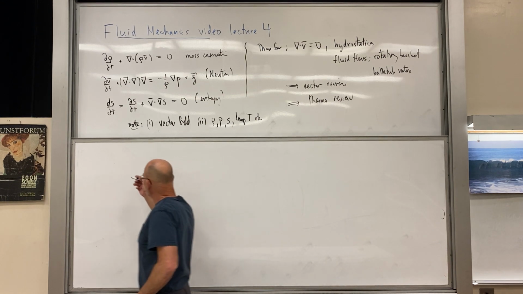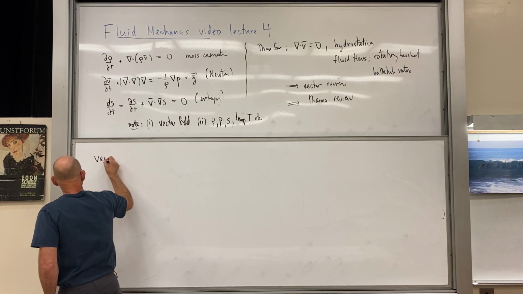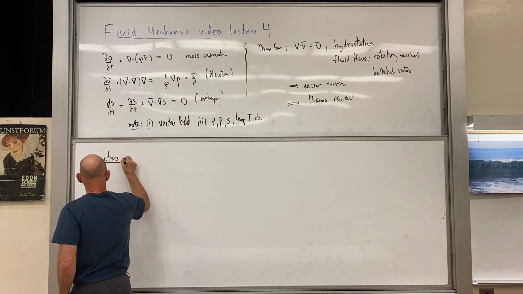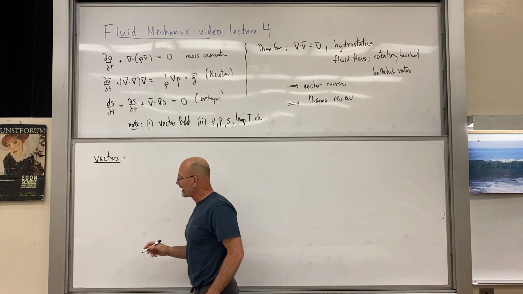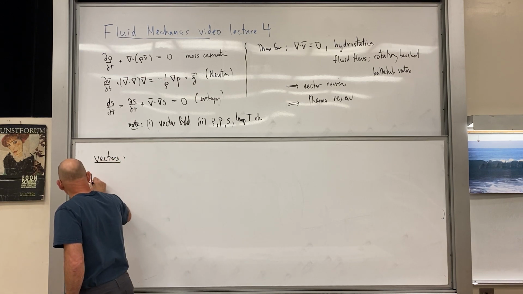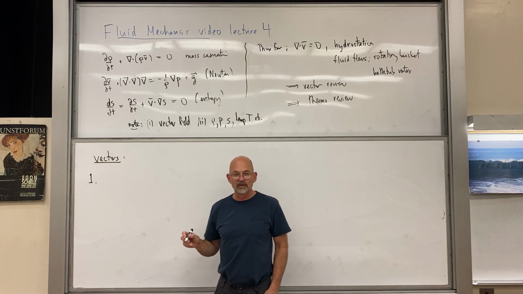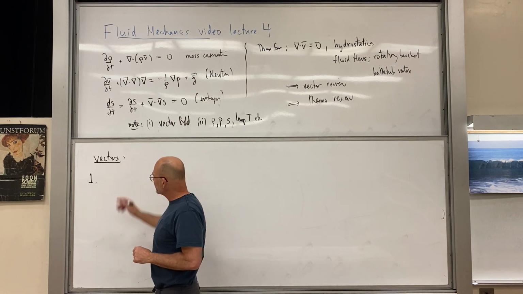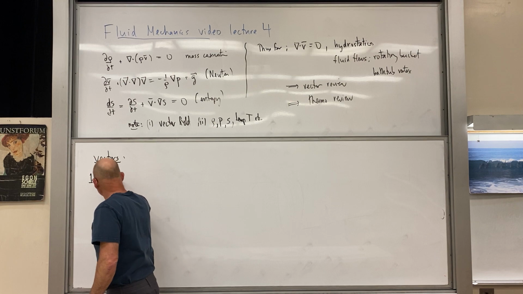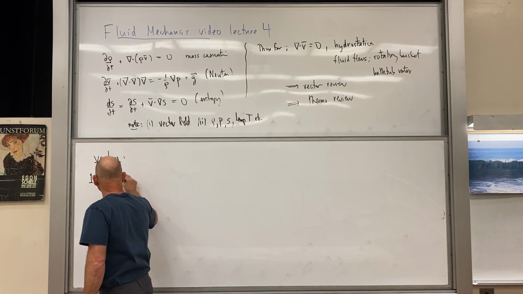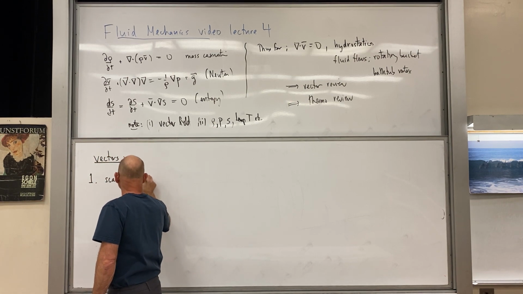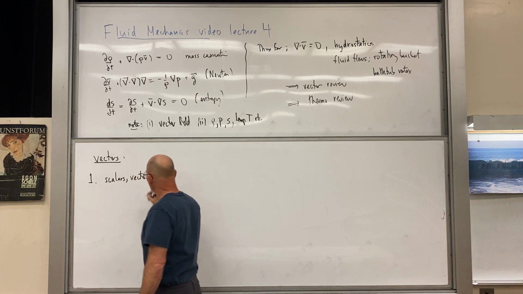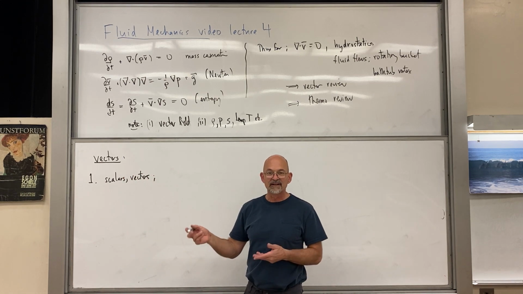So first of all, with vectors, if we were going to take it from the top, I'm going to number these things. That way, you can leave as much room in between these as you want. You can fill in as you see fit. So if we're going to take it from the top, we would just first talk about scalars and vectors, and then we define the scalar product and the vector product.